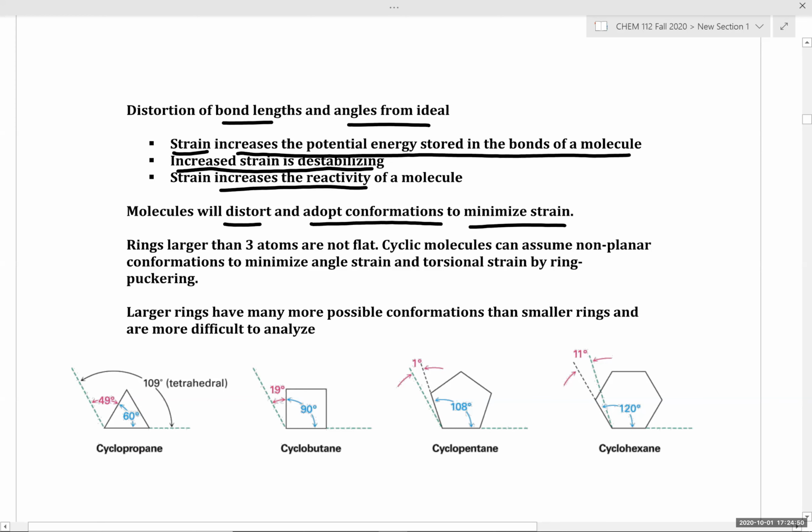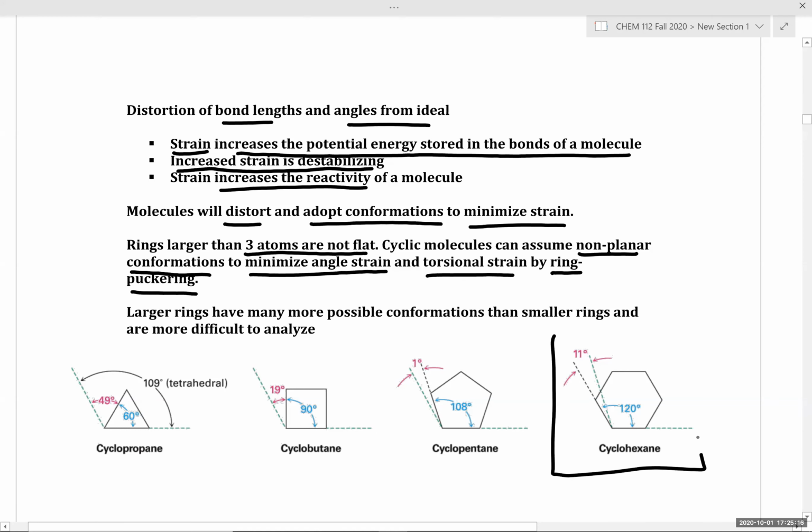When you start to get to rings larger than 3 atoms, they are not flat. Cyclic molecules will assume non-planar conformations to minimize angle strain and torsional strain through a process known as ring puckering. The larger the ring that you have, the more possible conformations there are to analyze.